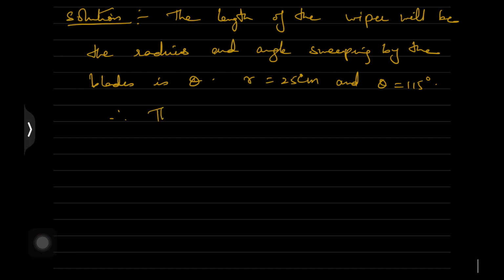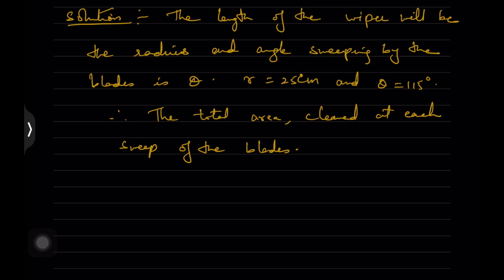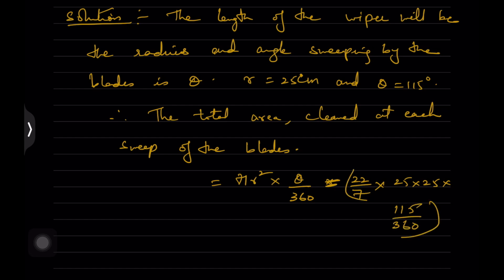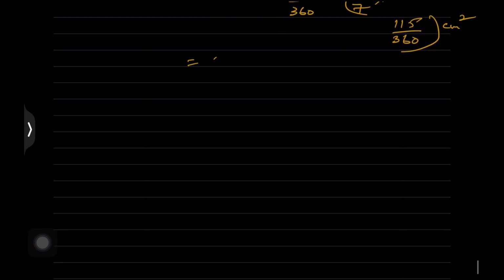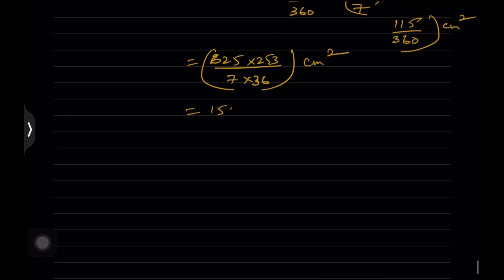Therefore the total area cleaned at each sweep of the blades is equal to pi r square into theta by 360, which is equal to 22 by 7 into 25 into 25 into 115 by 360 centimeter square, which is equal to 625 into 253 divided by 7 into 36 centimeter square, which is equal to 158125 divided by 252 centimeter square.